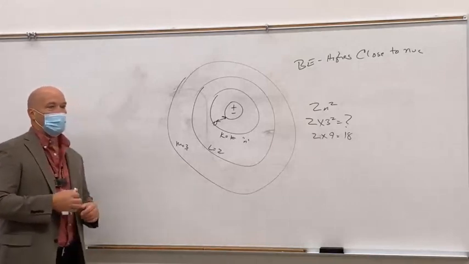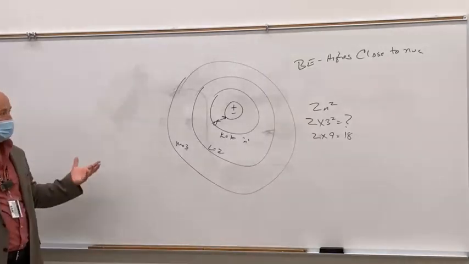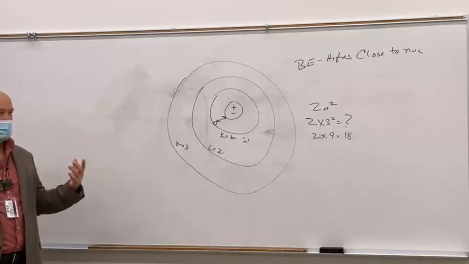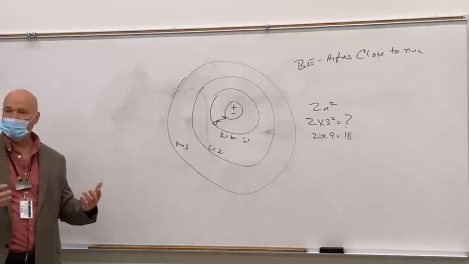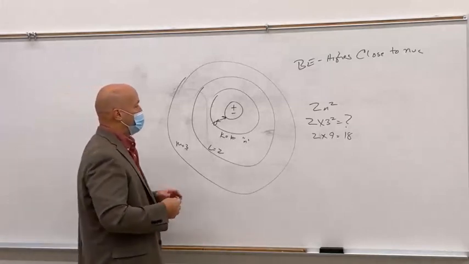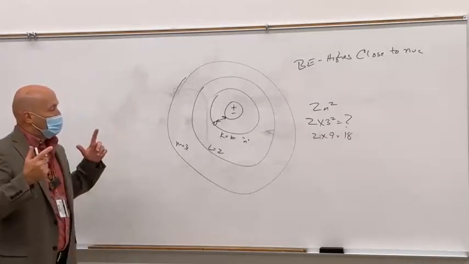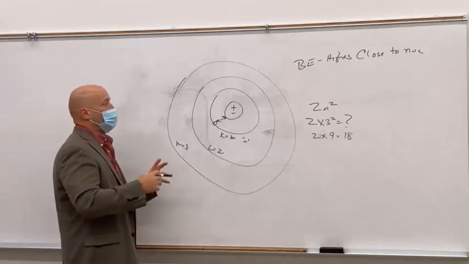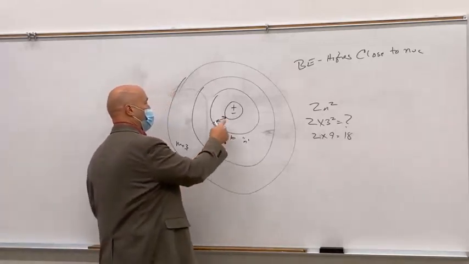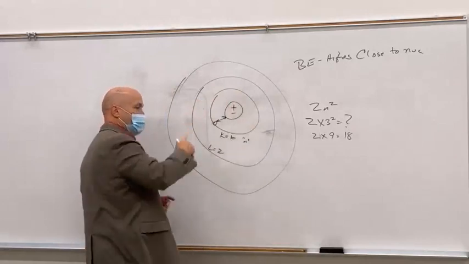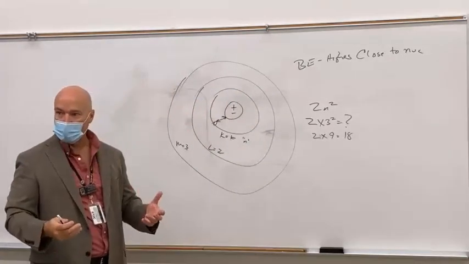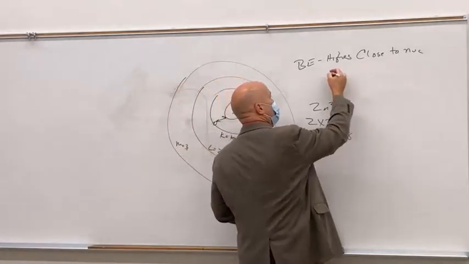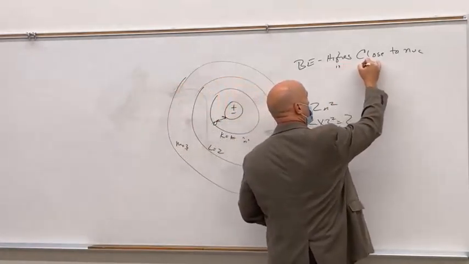It's like 2.3 times or so the Earth's gravitational pull. So the larger the planet, the stronger the gravitational pull, and the more tightly bound those electrons would be. So we got two things on binding energy: it's higher closer to the nucleus, and it's higher with big nuclei.